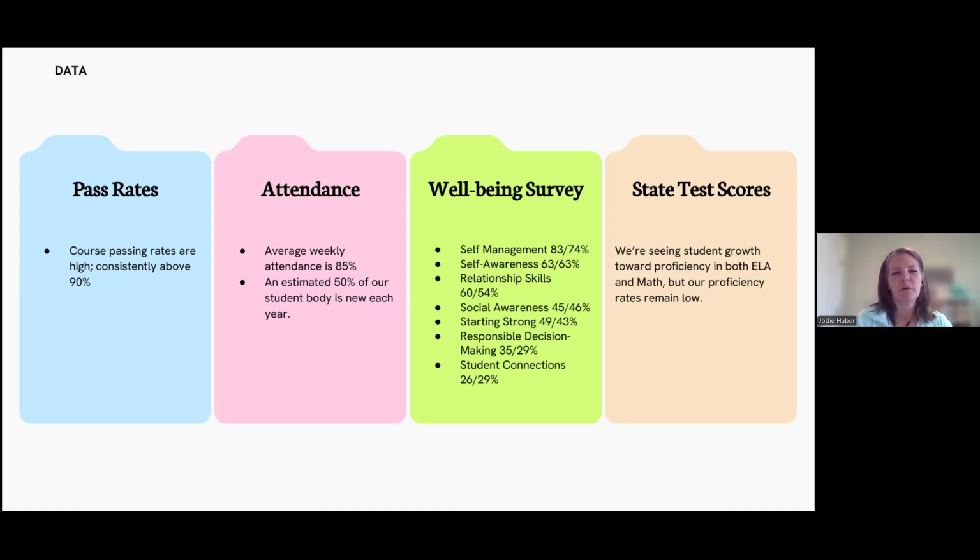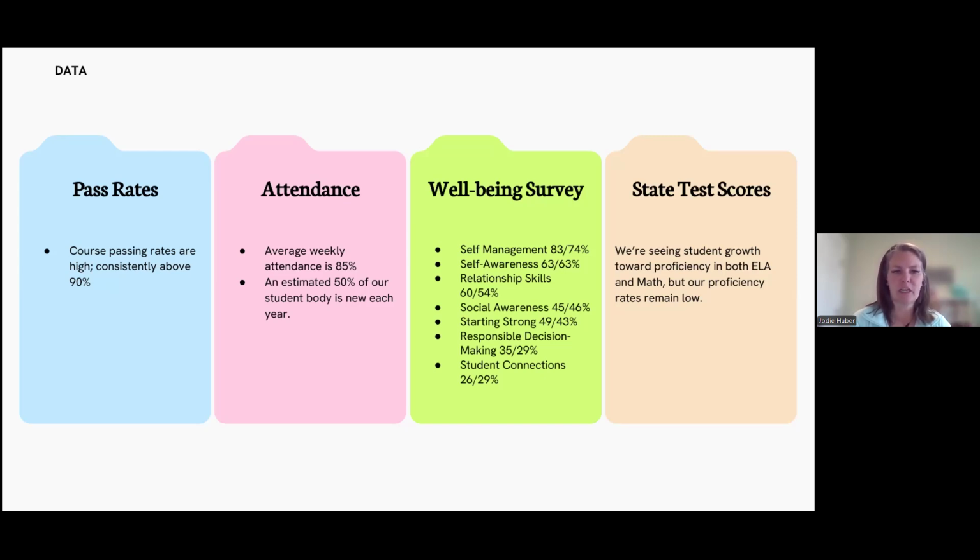So we chose to focus on our well-being survey. We do our own internal survey, and this is given twice a year. As you look at the self-management, for example, the first number is the fall response, and the second number is the spring response. So for example, relationship skills, students are rating themselves at 60%. They feel like they're strong in that.